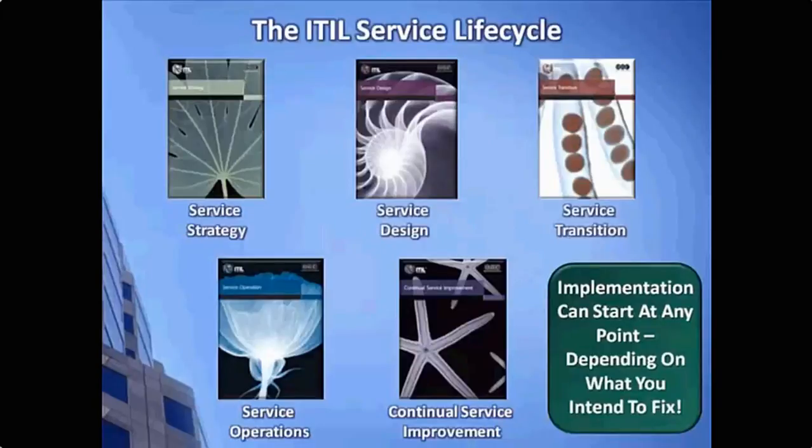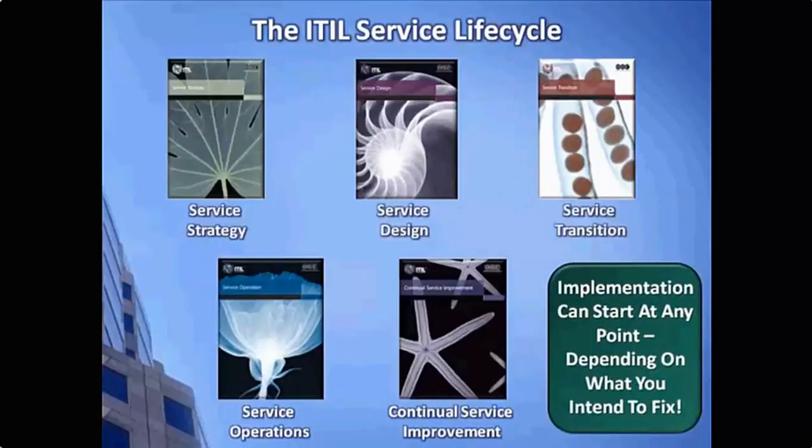Here we have the 5 ITIL version 3 books: Service Strategy, Service Design, Service Transition, Service Operations, and Continual Service Improvement. Each one of these books covers a unique ITIL version 3 service lifecycle stage. There is no one starting point. There's really no one way to implement. You don't always start with, for example, service operations, or you don't always start with service strategy.